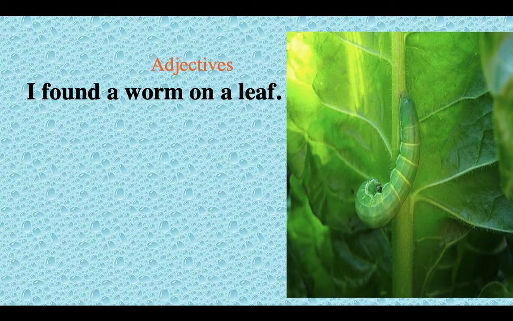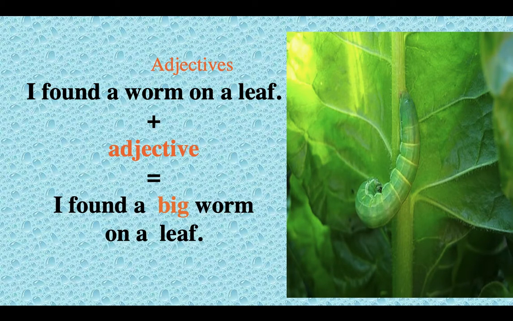I found a worm on a leaf. Now this is my sentence. Here, can you add an adjective? Well done. I found a big worm on a leaf. Here, the worm is a noun and big is an adjective which describes the noun.